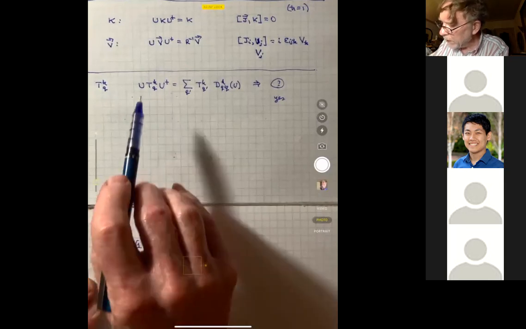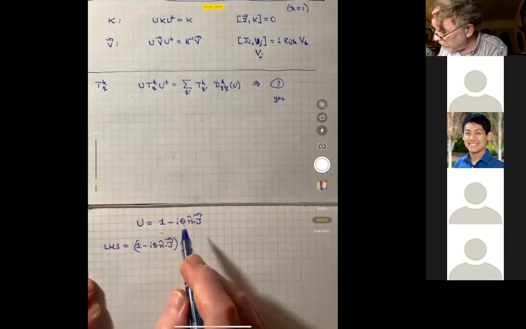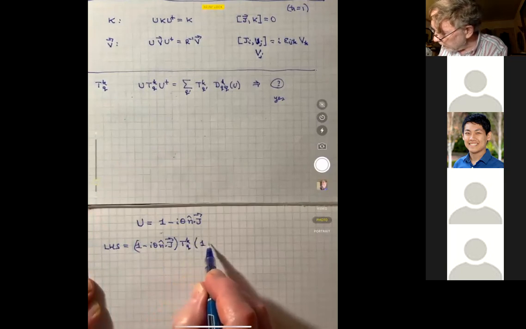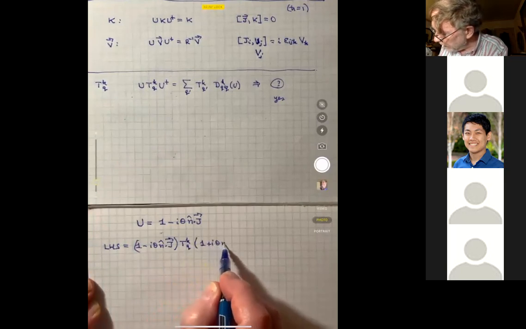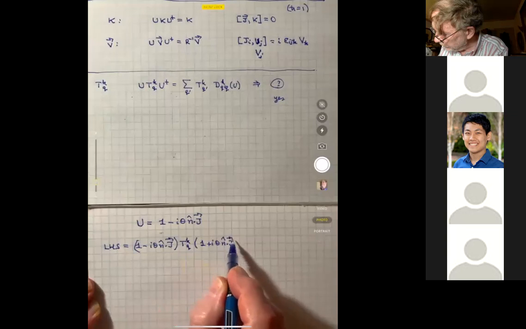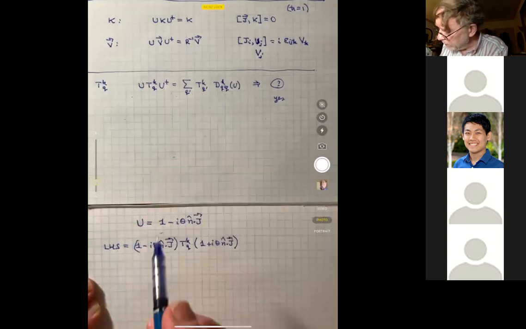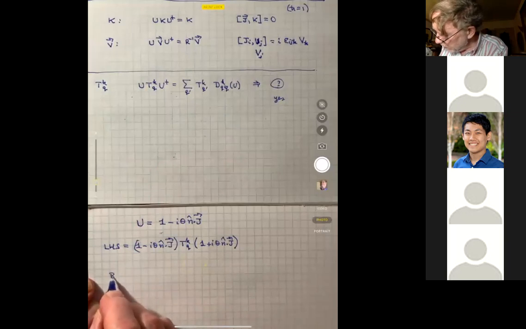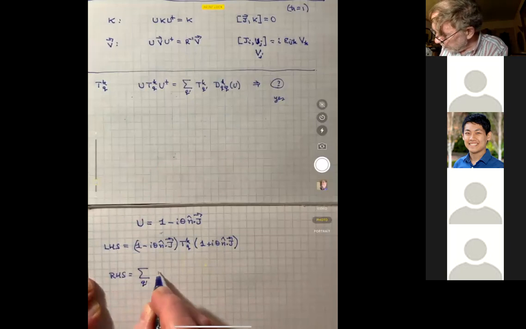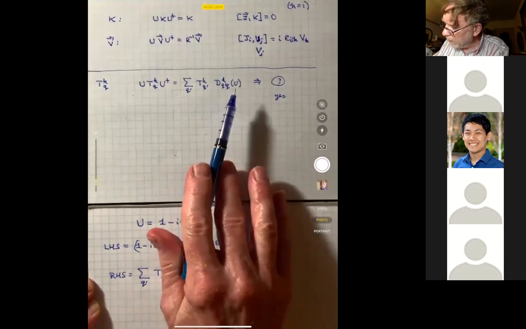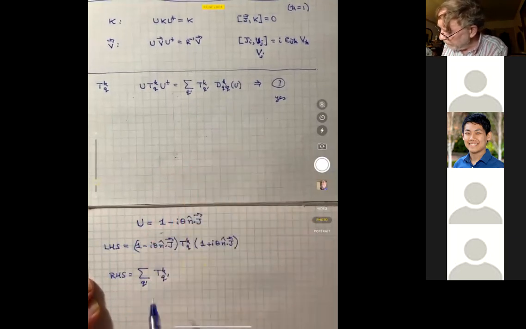That's the U part right there, times the T^K_Q. And then the U dagger is 1 plus i theta times n hat dotted into J. And then the right-hand side is this sum over here, the sum on q prime of T^K_Q'. And now what I have is the D^K_{Q'Q} of U, but I want to make that U infinitesimal. Let me fill this in later.